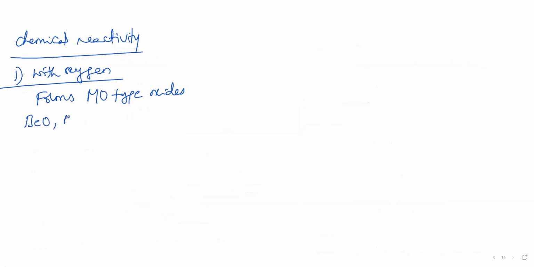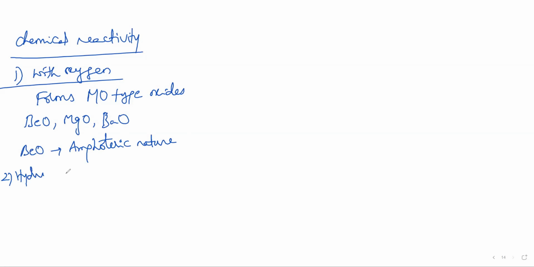Beryllium oxide, magnesium oxide, and so on, barium oxide. Here M is any alkaline earth metal. But this beryllium oxide shows amphoteric nature. Okay, next one.